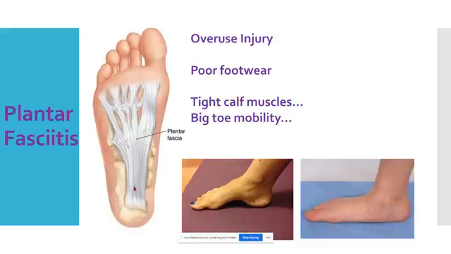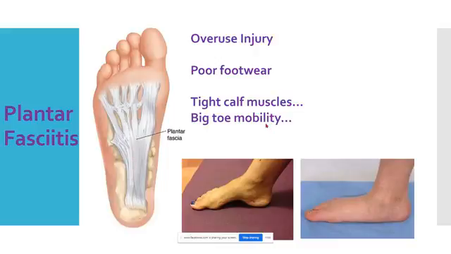If it's repeatedly stretched, that's when it gets aggravated and irritated. Also, like we've talked about, we've harped on this, the poor footwear. If you're not supporting your arch with good shoes, then the plantar fascia again is going to get stretched out and it's going to get inflamed and angry.